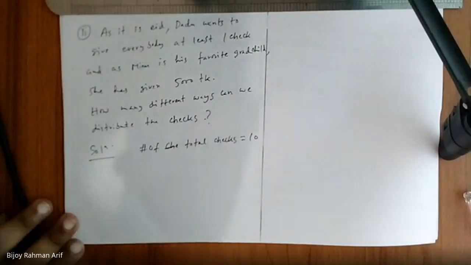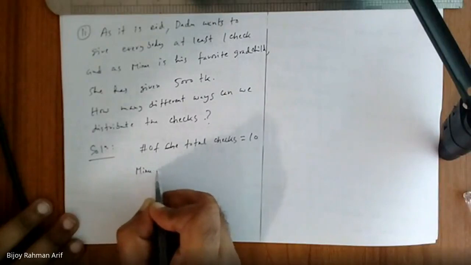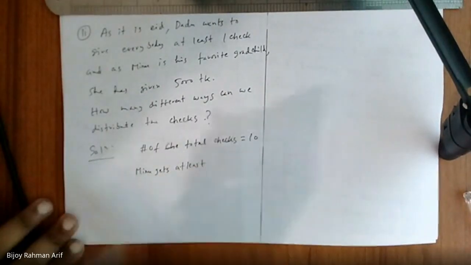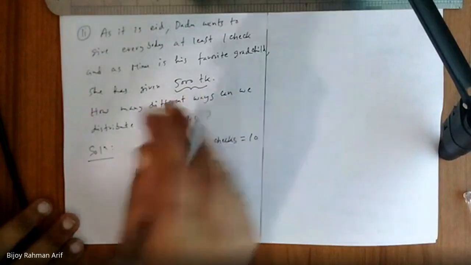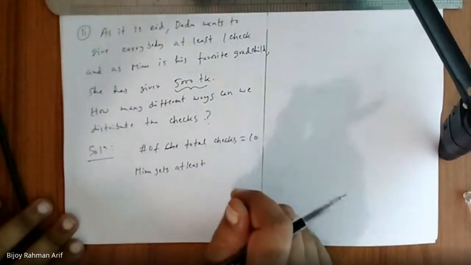Right? প্রত্যেকে একটা করে, মনে করেন মিনু পাবে at least কয়টা? Minu gets at least what? 5,000 টাকা। তাহলে কয়টা চেক পেল সে? 5টা। গুড। আর বাকিরা ইনু কয়টা পাবে?